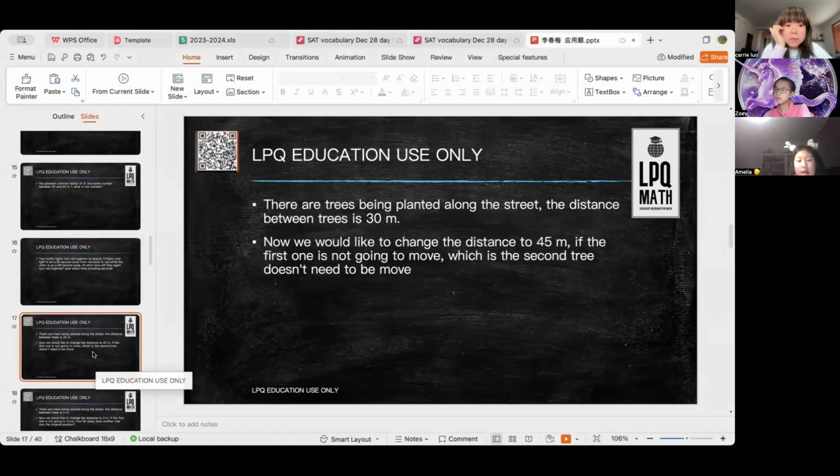Let's take a look at this one. So Amelia, could you please read the question for me? There are trees being planted along the street. The distance between trees is 30 meters. Now we would like to change the distance to 45 meters. If the first one is not going to move, which is the second tree that doesn't need to be moved? Okay.